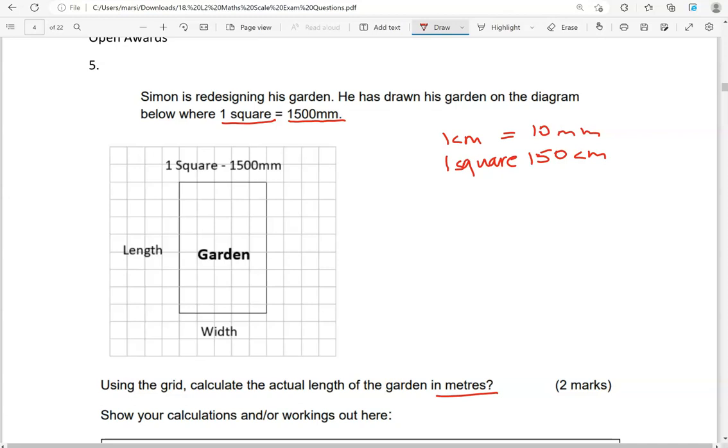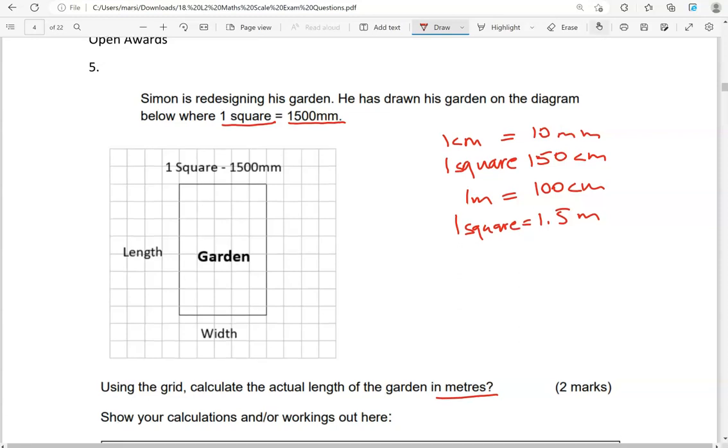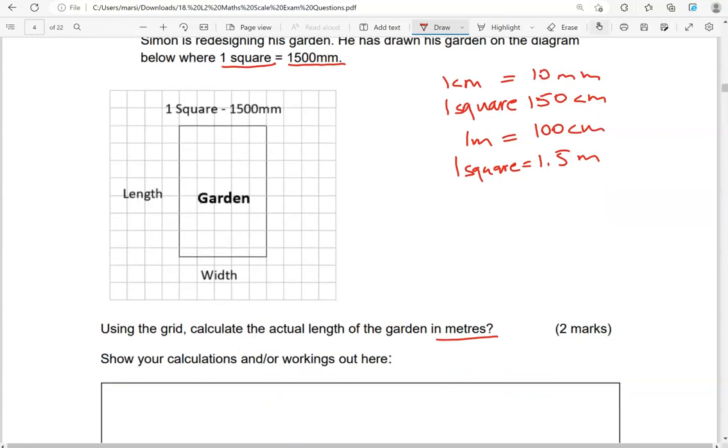We know that in 1 meter there are 100 centimeters. So if I divide now 150 by 100, which gives me 1.5 meters, that means that 1 square is equal to 1.5 meters.